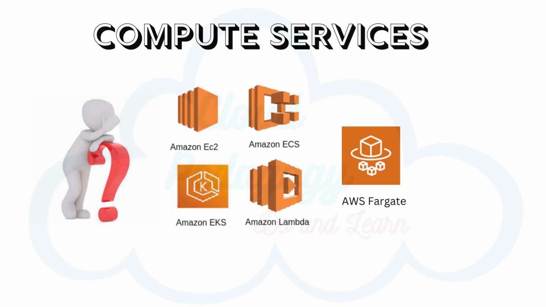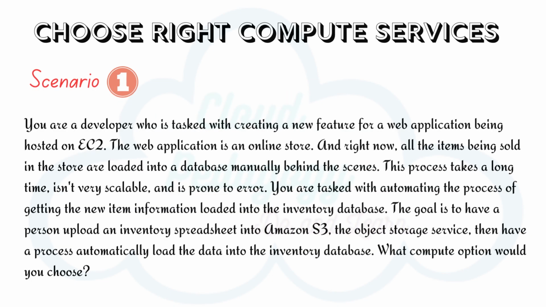Let's do it. The first scenario is you are a developer who is tasked with creating a new feature for a web application being hosted on EC2. The web application is an online store, and right now, all the items being sold in the store are loaded into a database manually behind the scenes.